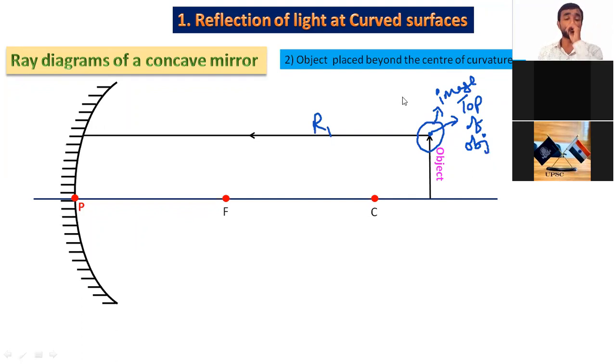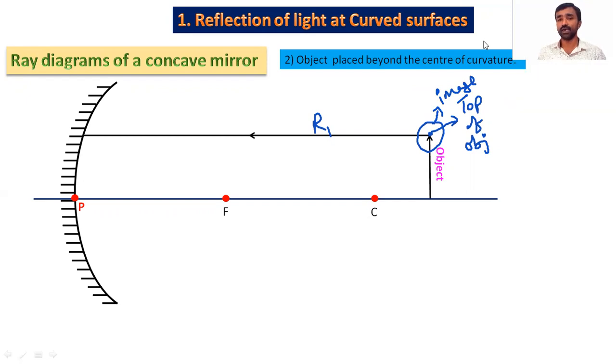Already it is generalized. When a ray incident on the concave mirror, after reflection, what about the reflected ray? Anyone? Passes through focus. Very good. It passes through the focus. So directly, without measuring the angle of incidence and angle of reflection, complete your reflected ray.